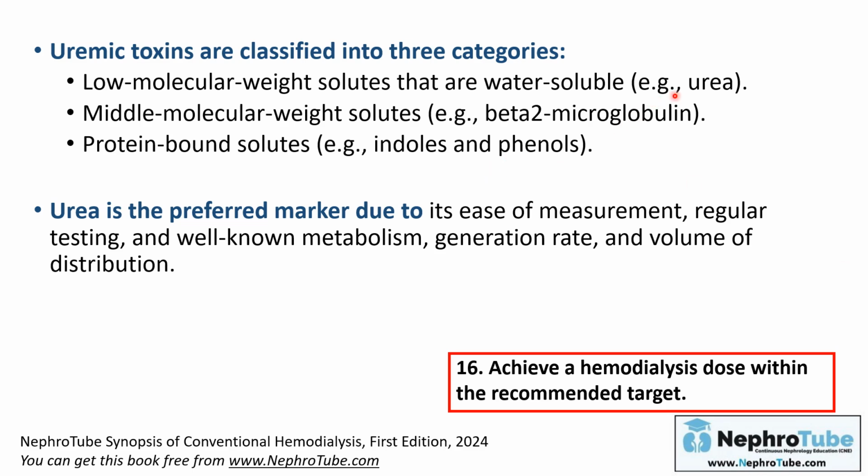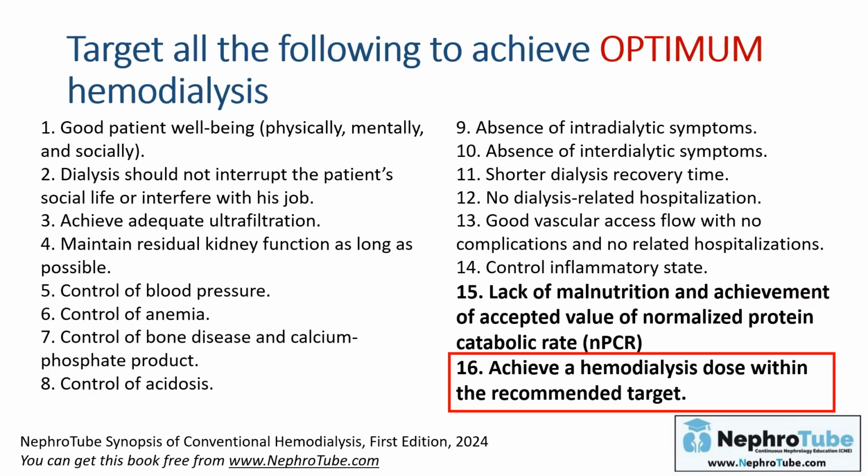Which one of them is usually measured in hemodialysis to measure the hemodialysis dose? Actually, it is urea. Although it has a lot of limitations, urea is the preferred marker because of its ease of measurement, regular testing, well-known metabolism and generation rate, and also well-known volume of distribution.